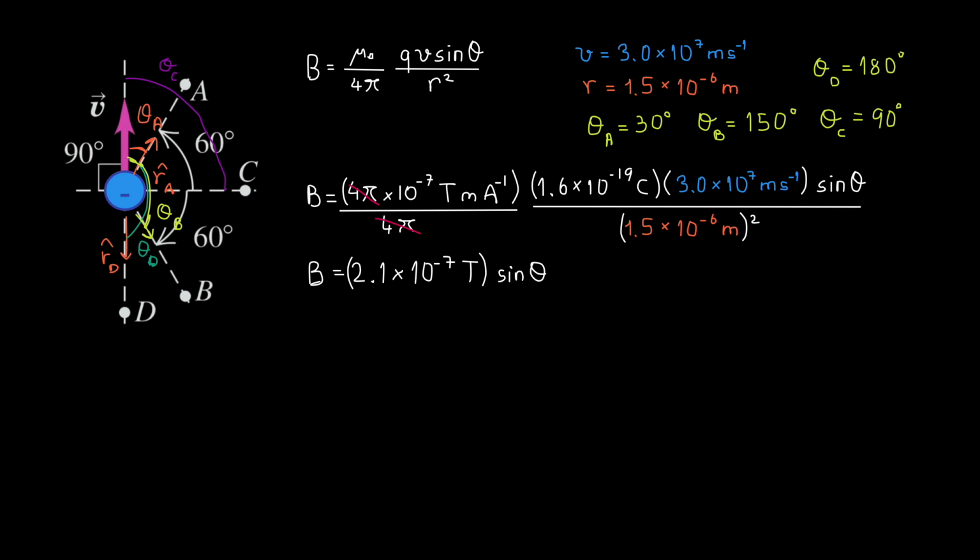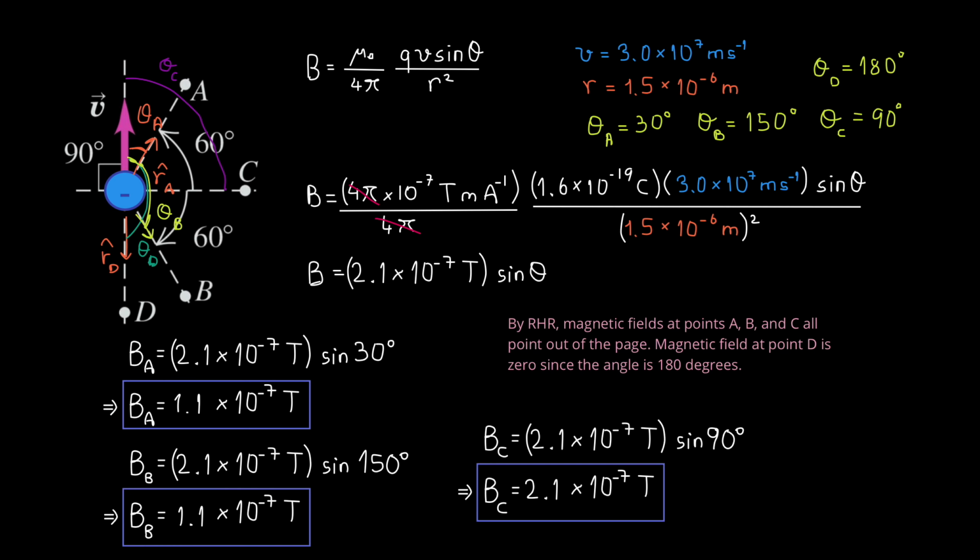So now let's go ahead and calculate the magnitude of the magnetic field for each point separately. The angle for point A is 30 degrees, so we multiply 2.1 times 10 to negative 7 Tesla by sine 30, and we get 1.1 times 10 to negative 7 Tesla for the magnitude of the magnetic field at point A. For point B, we get the same numerical result because sine of 30 degrees is the same as the sine of 150 degrees, so that's the same magnitude of magnetic field.